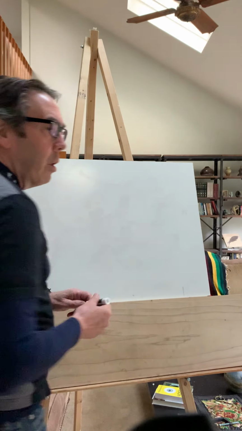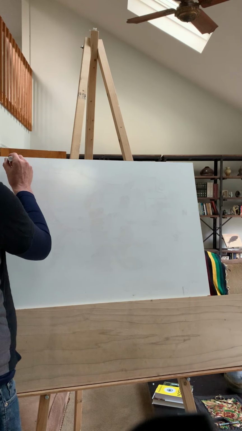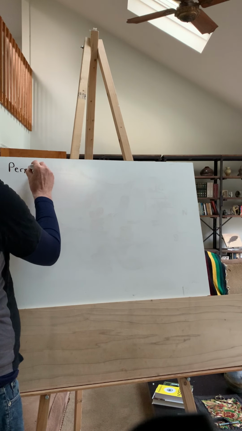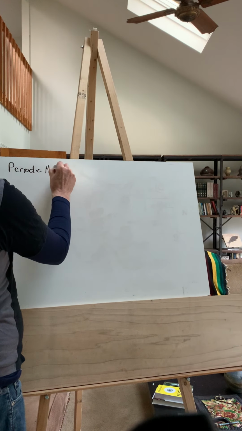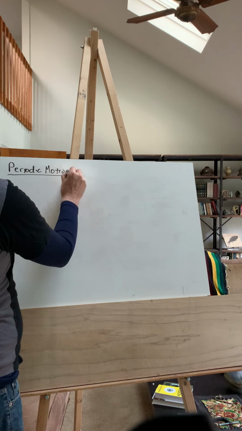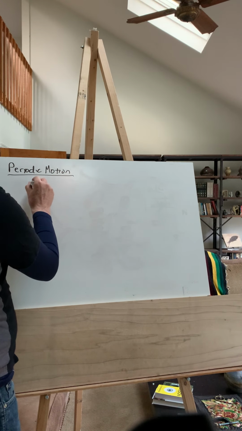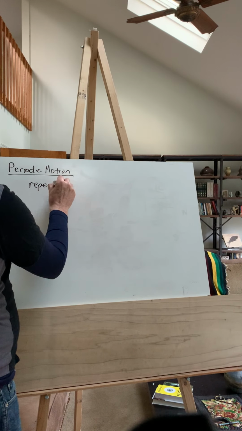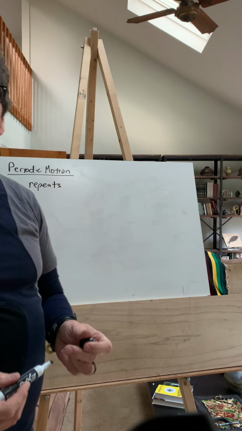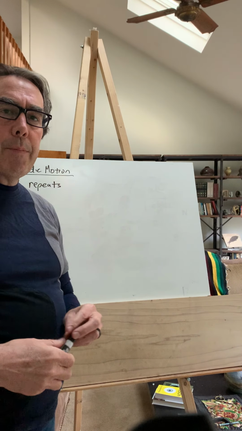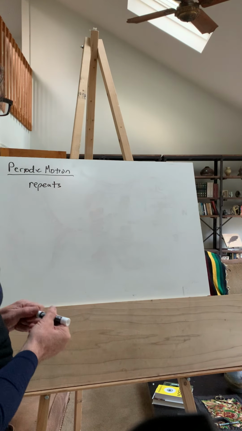Okay, so what we're dealing with now is periodic motion. And you all know at this point that periodic motion is motion that repeats itself over and over again. And because it repeats itself, there are a couple variables and technical terms we had to introduce.